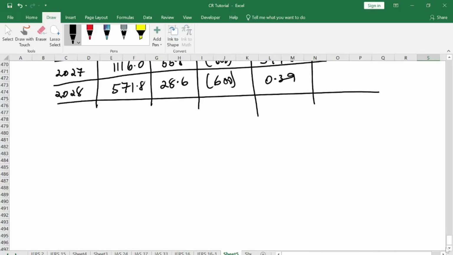The next line of action is to do your profit and loss extracts.